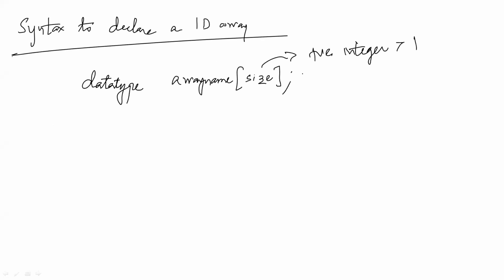What will happen if I give 1? It will allocate memory for a single value. Even if you don't give that 1 also, it will work. Data type, array name of size.